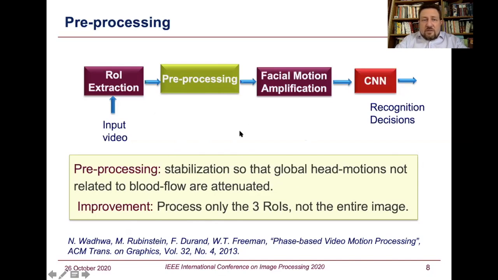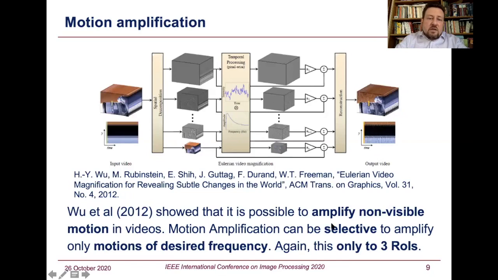So after we have done this, we move to the classical motion amplification framework that was proposed by Freeman in 2012, which had an example of showing a man and showing the blood flashing on and off his face. That was the inspiration for our work as well.